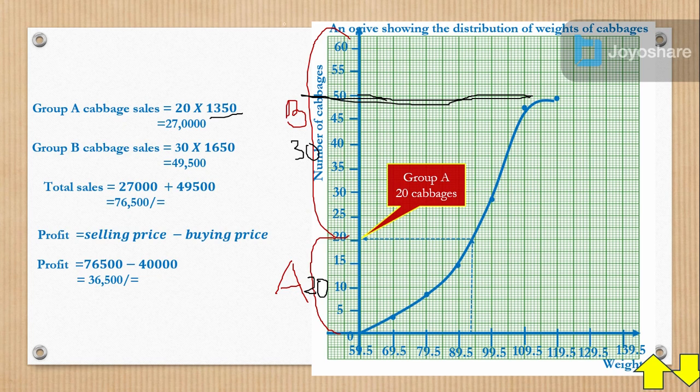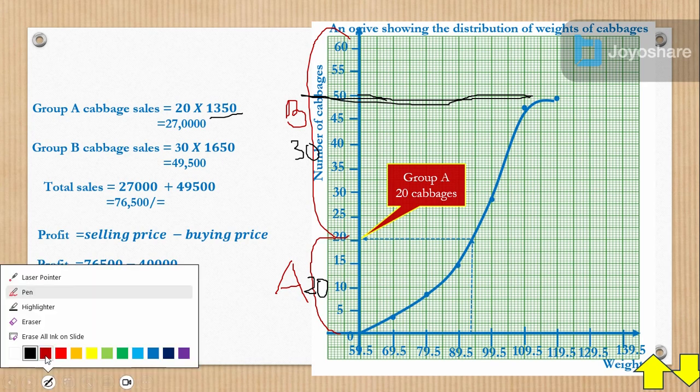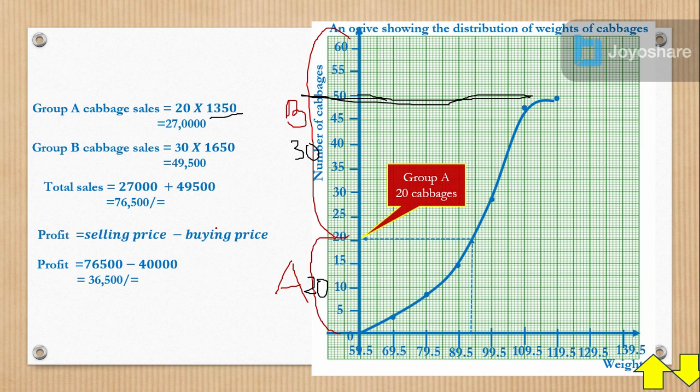Okay, let us proceed. Now one would ask where the 40,000 for buying is coming from.